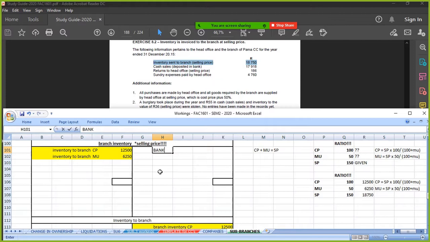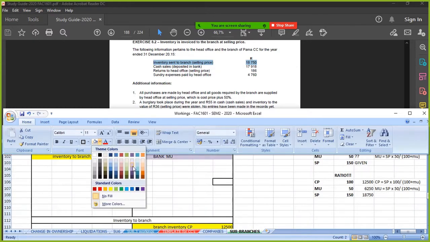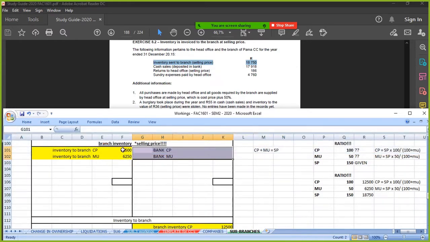Bank is going to show the debit because bank's going to go up. And then you're obviously going to show the percentage that was attributable to the cost price and the percentage that was attributable to the markup, because you're managing your stock based on the selling price. So that's the stock's cost, that's the stock's markup. Does that make sense? Yes.